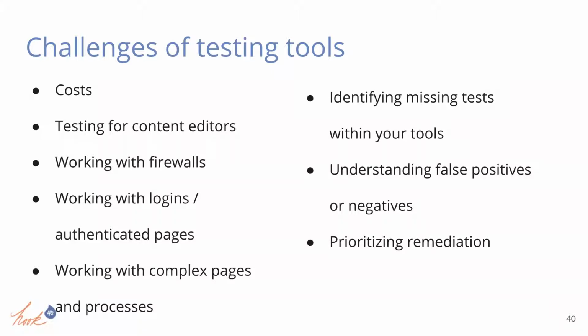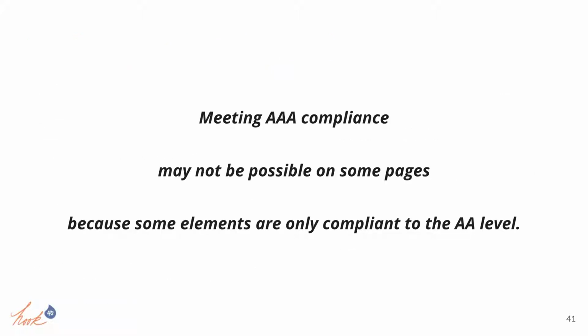So you have to make sure, they do a pretty good job, but then you can go through and clean those up. And then how to prioritize the remediation of issues is sometimes interesting. And one more time, meeting AAA compliance may not be possible on some pages because some elements are only compliant to the AA level.